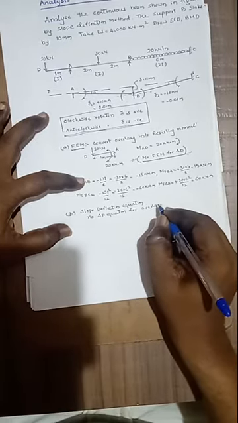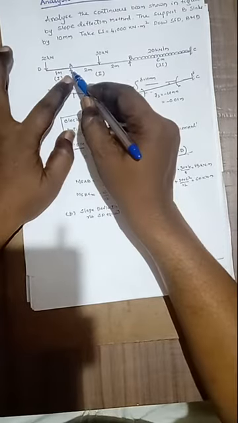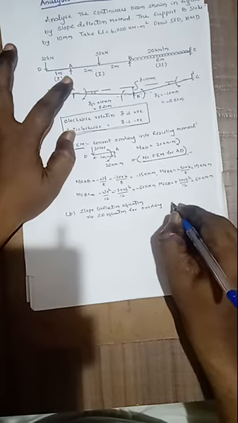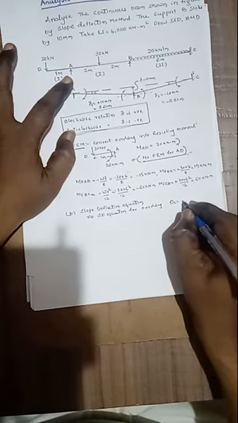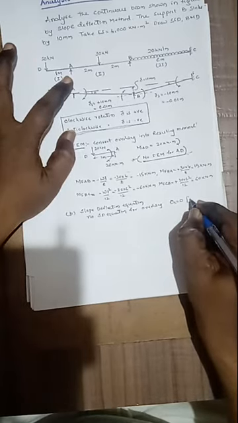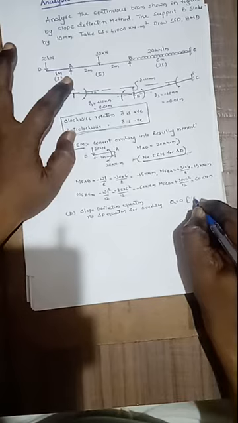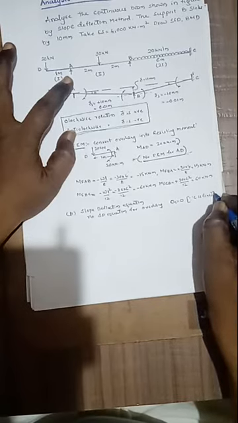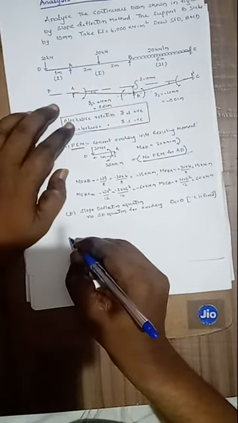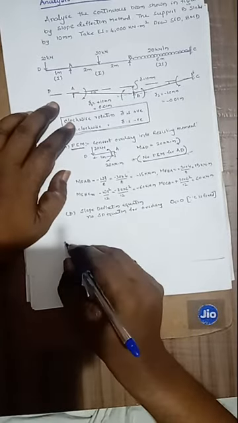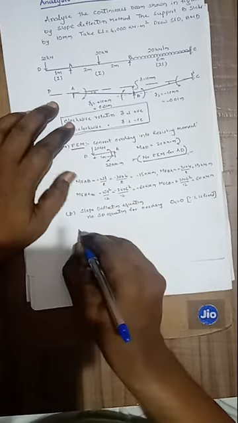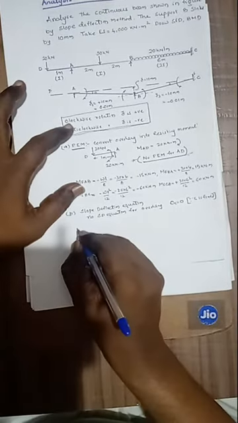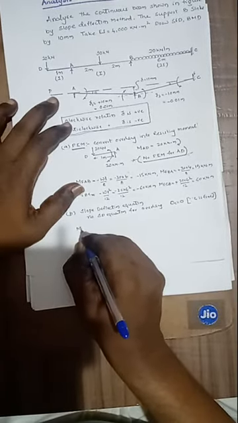Then, by observing this, there is a slope at A, slope at B, and theta C equals 0, since C is fixed. There is no rotation or movement; it is neither permitted to move nor permitted to rotate in any direction. Then write the slope deflection equation for AB.